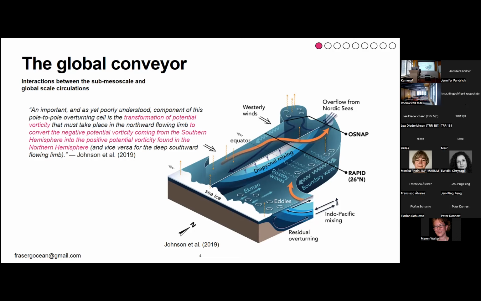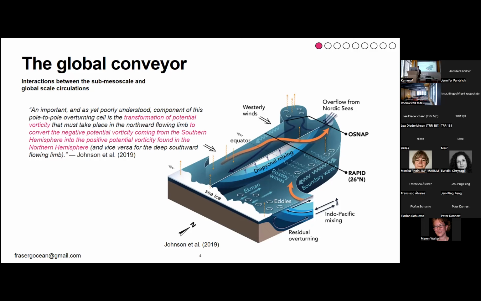We've got many currents crossing the equator, and potential vorticity is materially conserved, so we need to account for how this potential vorticity changes sign. Again, symmetric instability is a candidate for a process which might be able to do this.